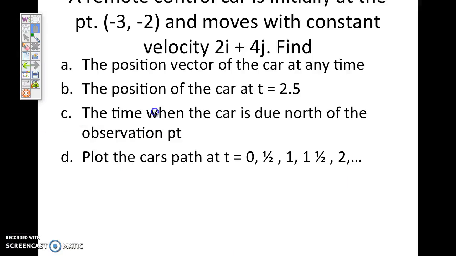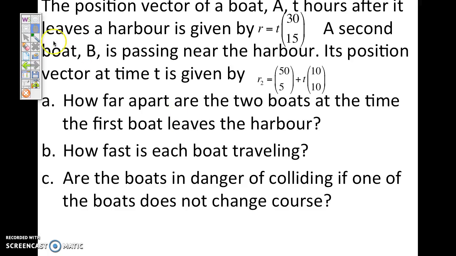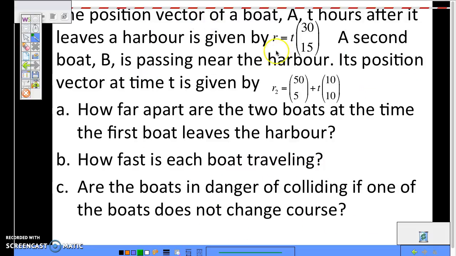All right, the next one we're going to look at is the position of a boat after it leaves the harbor, R equals t times 30, 15. A second boat is passing the harbor and its position is given by this equation. How far apart are the two boats at the time the first boat leaves the harbor? When it leaves the harbor, that means our time is equal to 0.